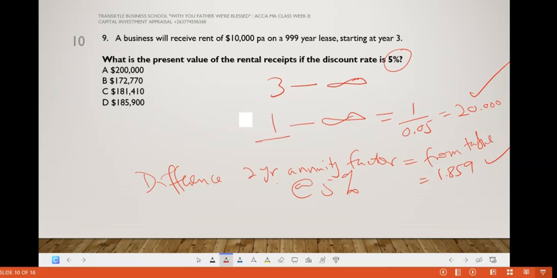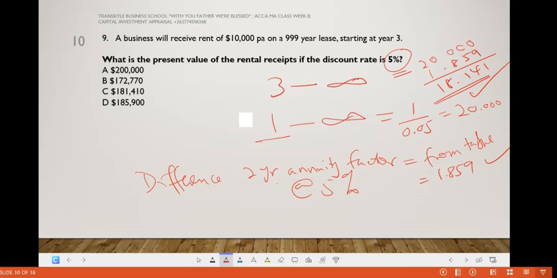Therefore, from the 3rd year now, we are going to say from 3 years to infinity is going to be 20.00 minus 1.859. We're going to have a factor of 18.141.